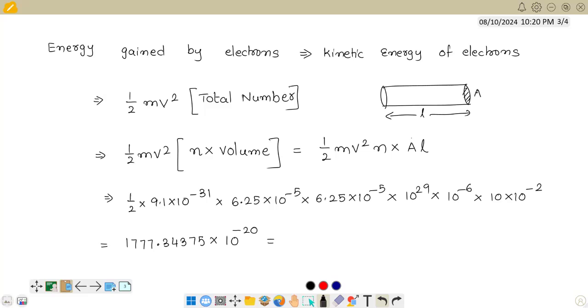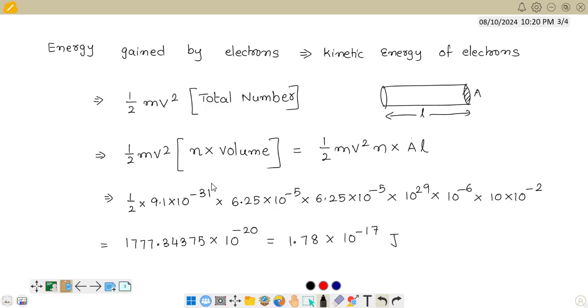So we can rearrange this as 1.78 into 10 power minus 17 joule. This is the value we obtained, the total kinetic energy after rearranging all the terms.